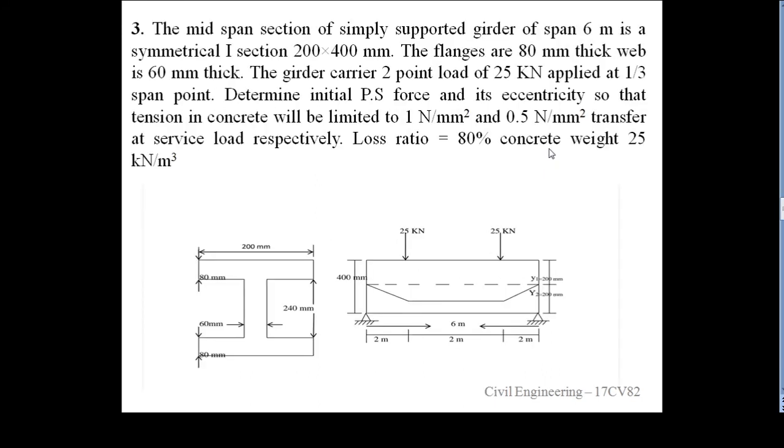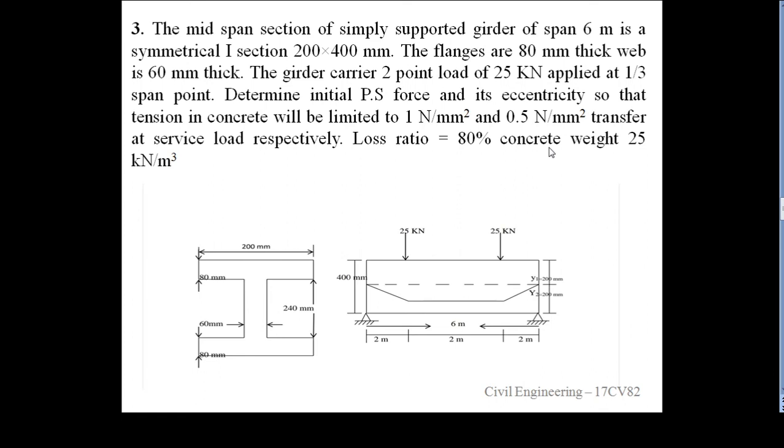Then coming to the next one: the mid span section of a simply supported girder of span 6 meter is a symmetrical I section 200 by 400 mm. The flanges are 80 mm thick, web is 60 mm thick.